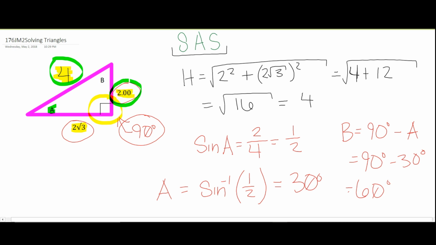So let me summarize my information maybe over here to the left. So the hypotenuse equals 4. Angle A equals 30 degrees, and angle B equals 60 degrees.